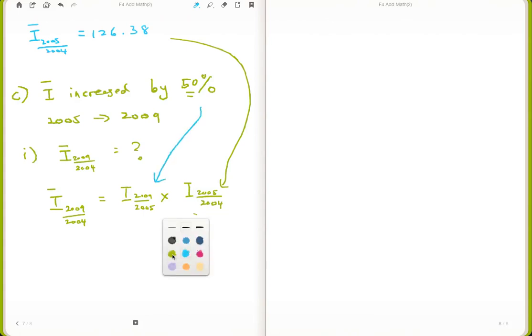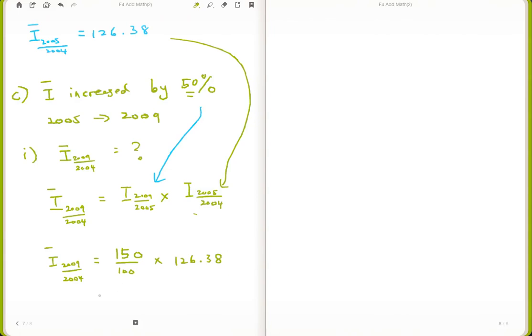So therefore, it will be 2009 based on 2004. It will be increased by 50%, therefore it will be 150% over 100, because this is percentage, times 126.38.